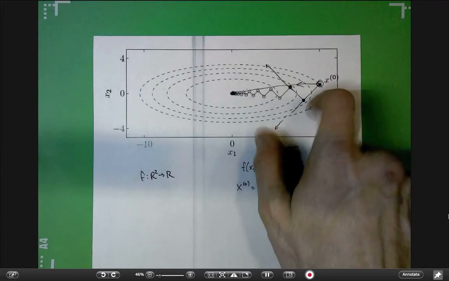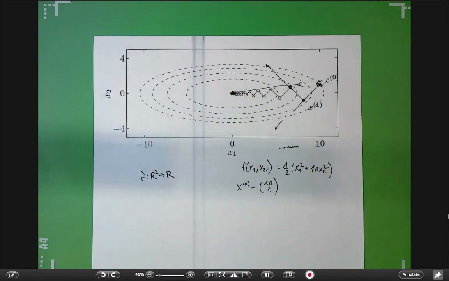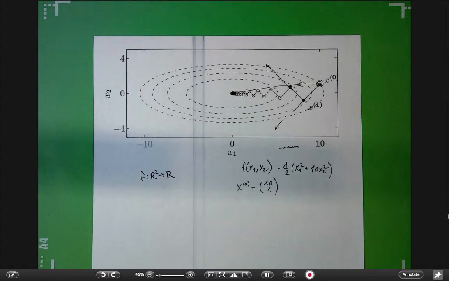Now, of course, this is a simple example. Functions we are minimizing in physics, in mass, even already in mass spring systems, are of course more complicated than this, right? This was just a nice didactic bowl. What you were looking at in your assignment one was just one spring.